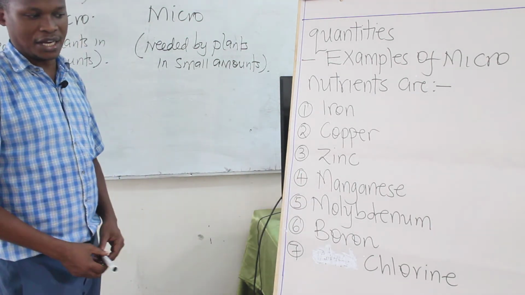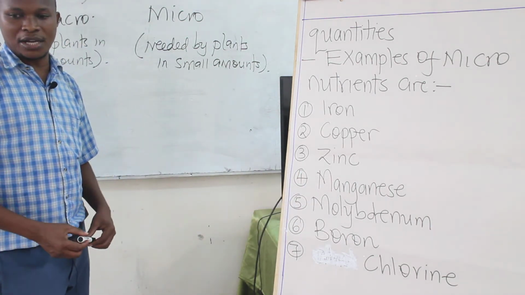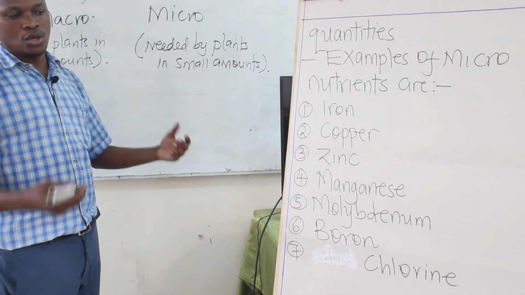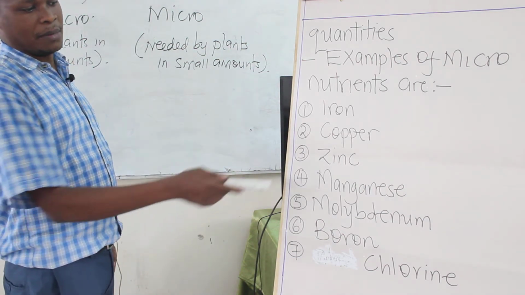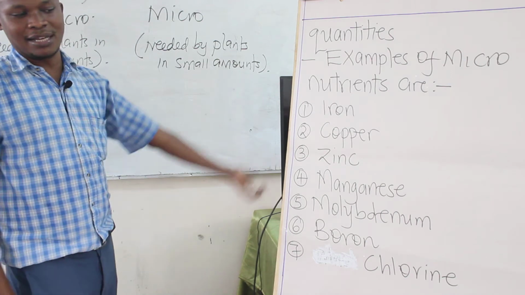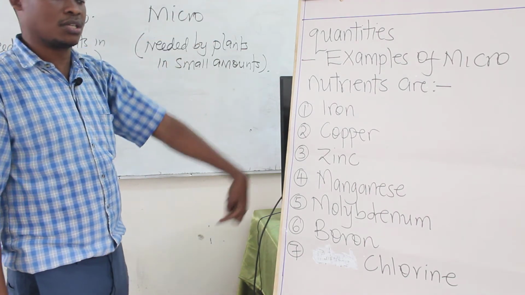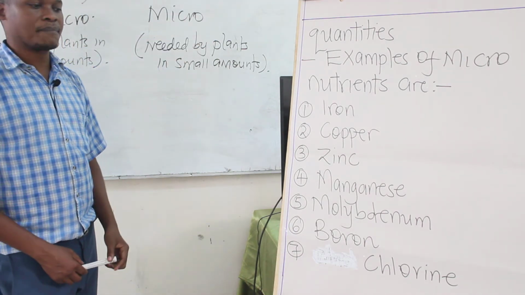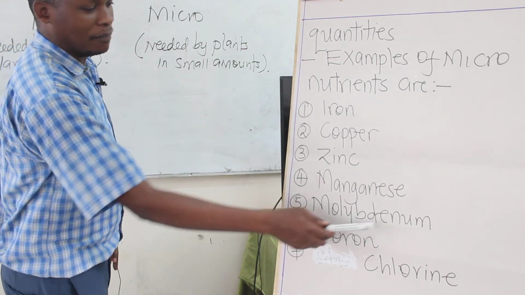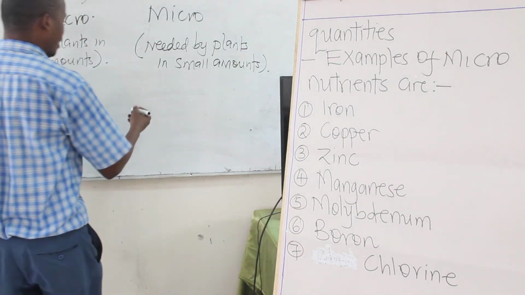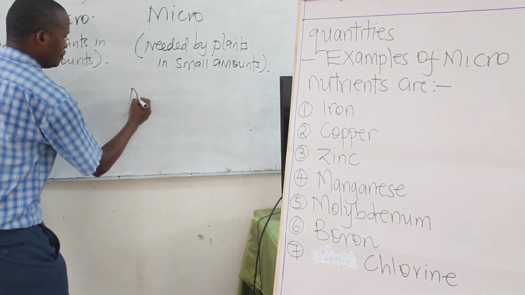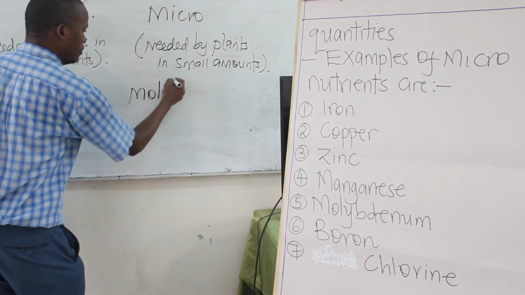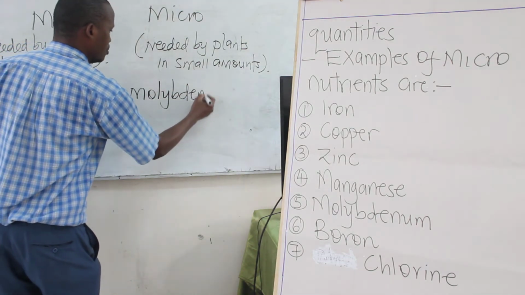Manganese, another micronutrient. Don't confuse manganese with the magnesium that we mentioned as a macronutrient. Molybdenum. I'm very sure many of you may have problems pronouncing that one.